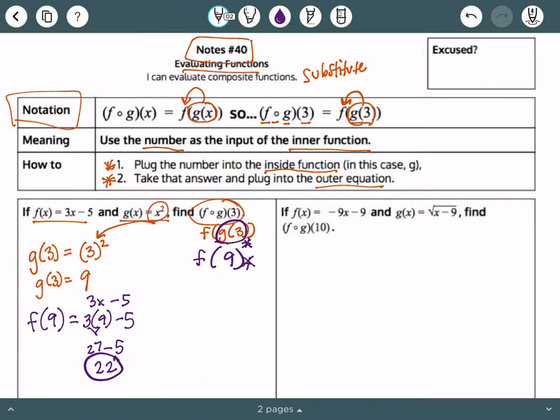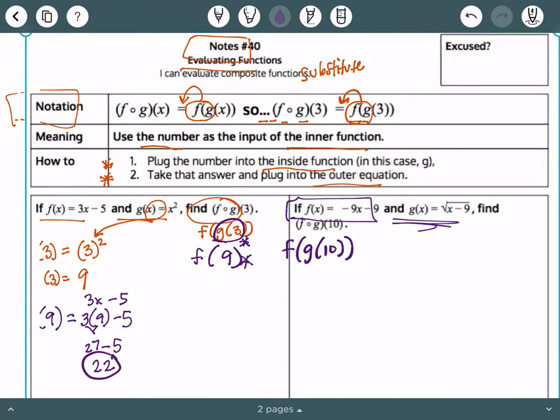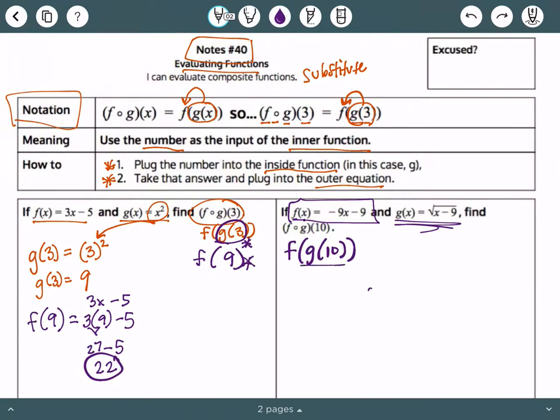Let's try a second example. So we have our f equation here and our g equation here. This is asking us for f of g of 10. All right, so first things first, I need to start with, let's undo that. There we go. We need to start with g of 10. So I'm going to find g of 10. Remember that the g equation is here.